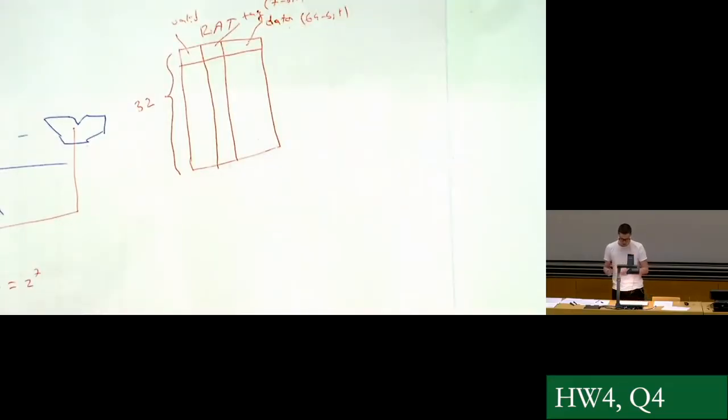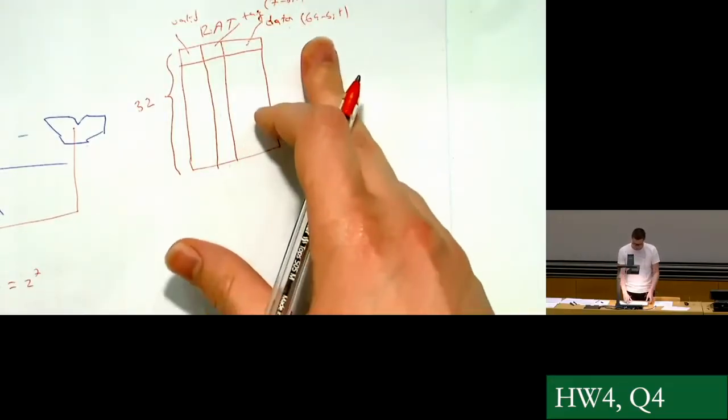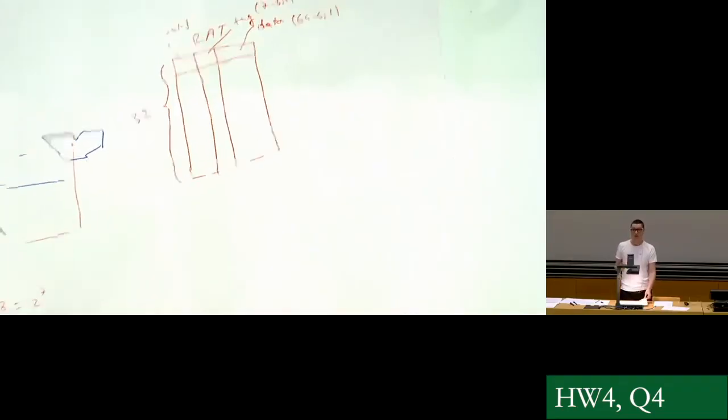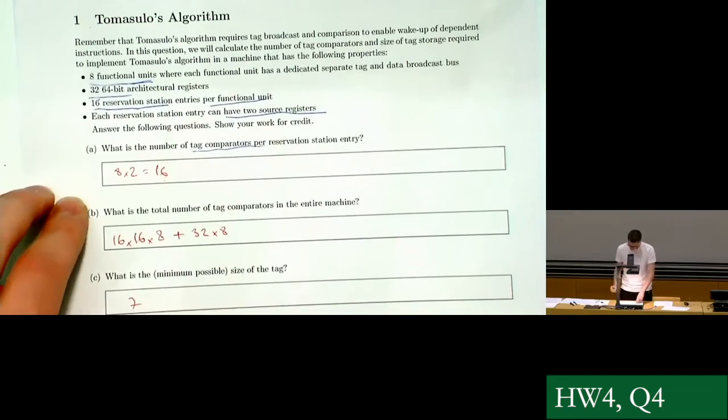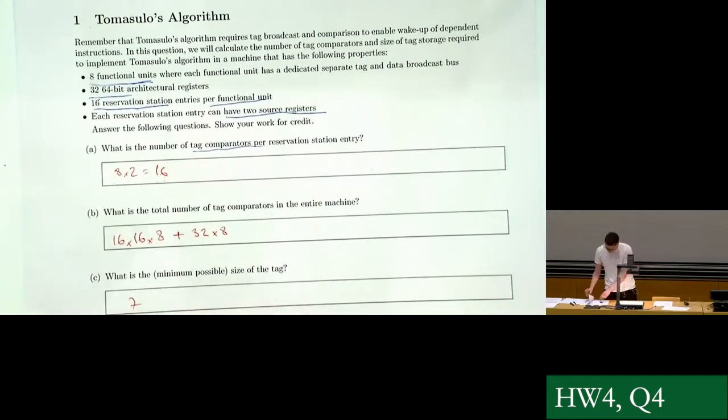So for a single entry, we will have 72 bits. And we have 32 entries in total. So it will be 72 multiplied by 32. And let me check if I'm missing anything. Yeah, I think that's it. So this is the total storage needed for the register alias table.